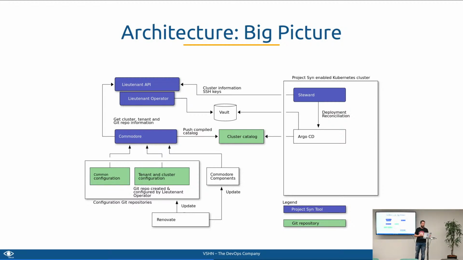Inside of the cluster, we have the Steward. Steward is the in-cluster agent which enables Project Syn on a cluster. It's the bootstrapping tooling and also the babysitting tooling. It makes sure that Argo CD is always up and running. It has the correct configuration. And Argo CD, the other way around, checks that Steward is up and running and has the correct configuration.